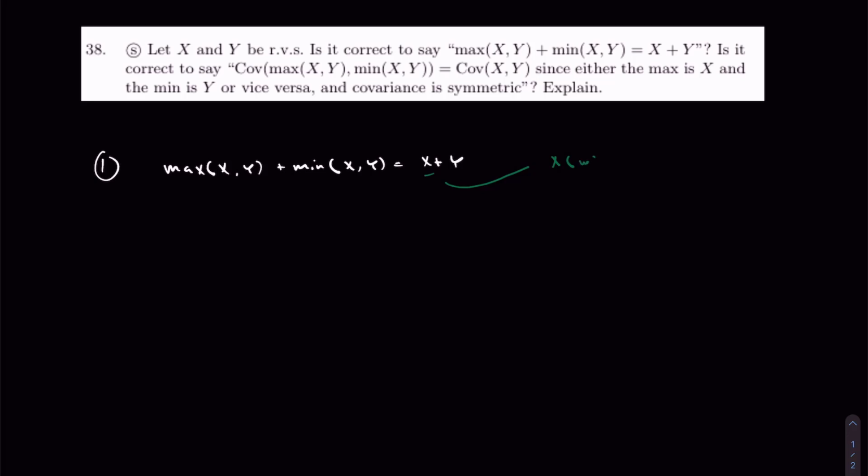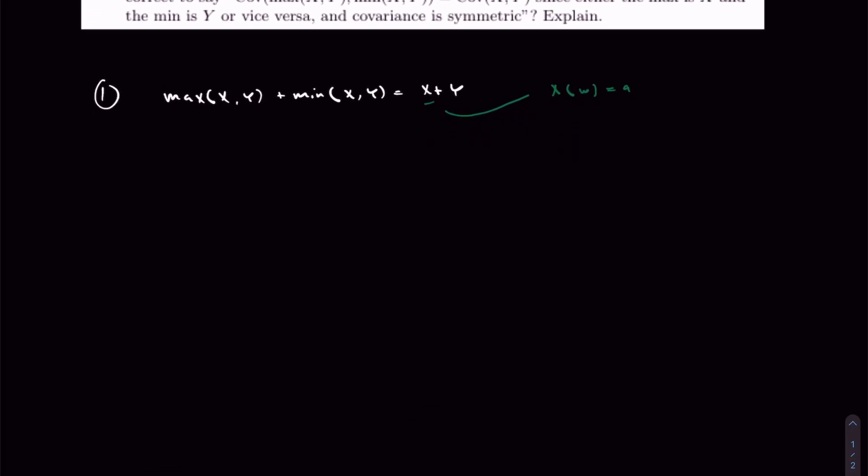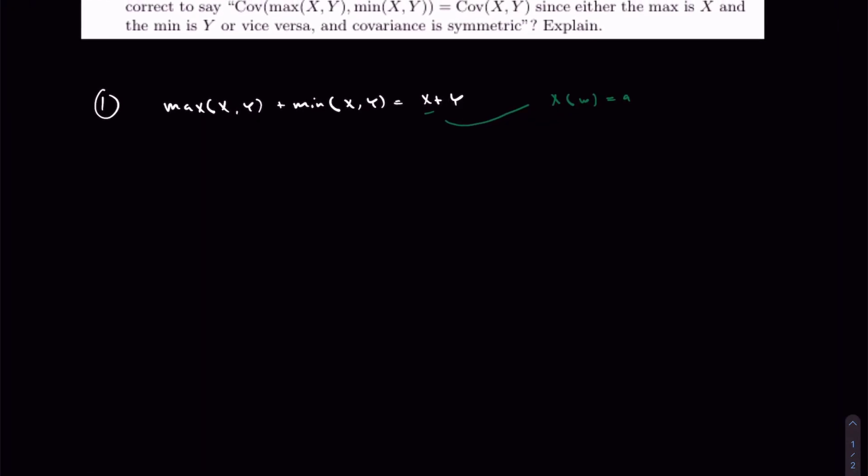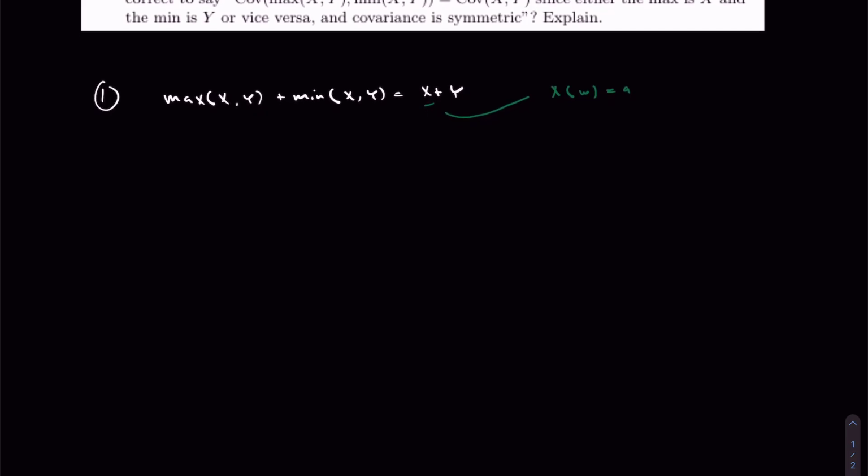So w is an event that yields some numerical value. We're running an experiment, we get w, and then we plug it through the random variable, and we get to observe the outcome, and then we assign a numerical value with some probability. And that experiment has a probability distribution.